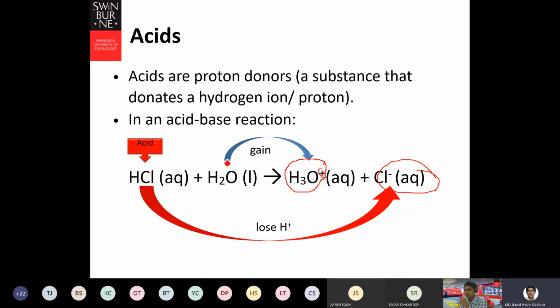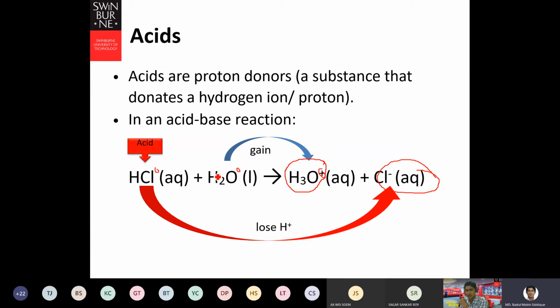To minimize that charge, to get it to a neutral state, see here there is no charge, 0 charge. Here also no charge. Everyone wants to be neutral; the higher the charge, the more unstable it is.